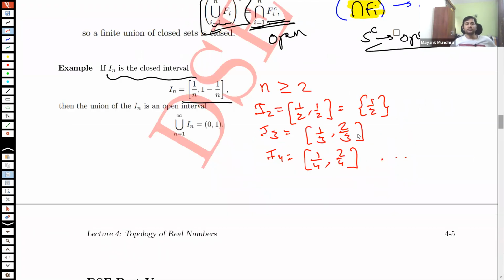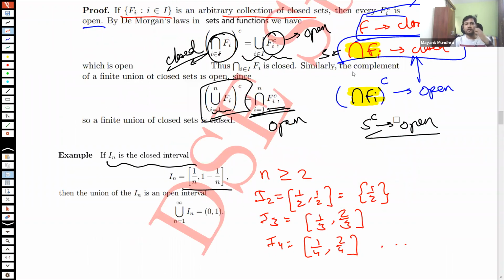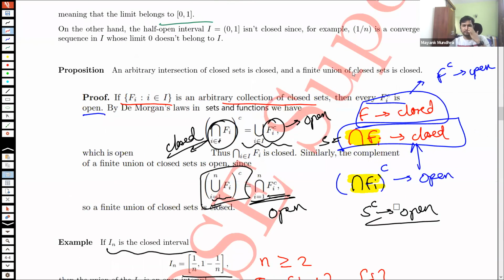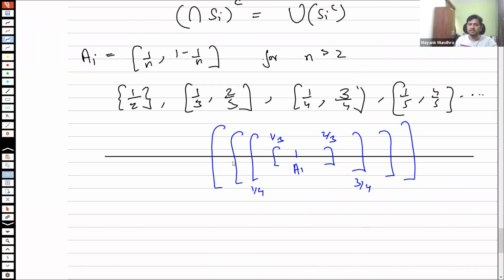So the interesting result is obviously about the unions. So let's look at a finite union and infinite union. If I just look at a finite union of these 4 sets or 5 sets, it is going to be this largest set, which is definitely a closed set.